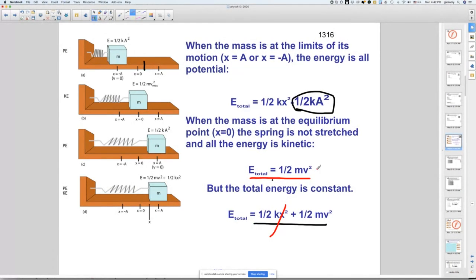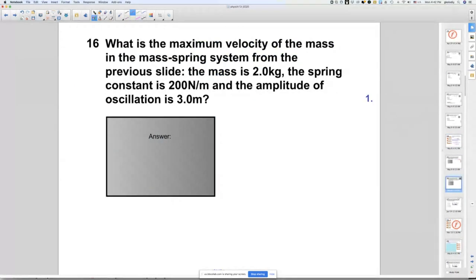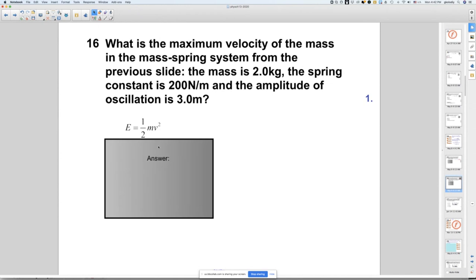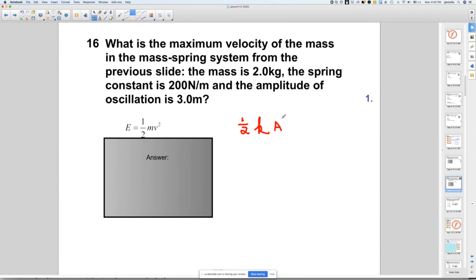By letting 1/2 m v squared equal E total, because it has lost all the potential energy and there's no x here, 1/2 m v squared is equal to 1/2 k A squared.